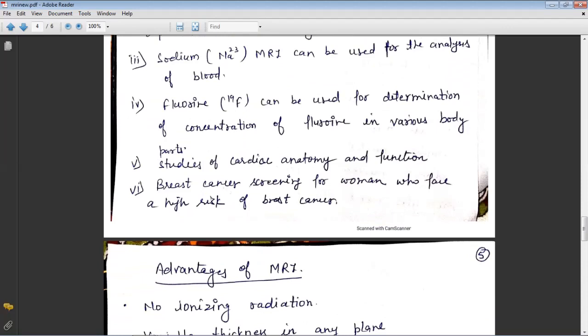Then the studies of cardiac anatomy and functions. The next point is breast cancer screening for women who face a high risk of breast cancer. These can be diagnosed with the help of MRI scanning or MRI imaging. So the applications of the MRI are very, very important.